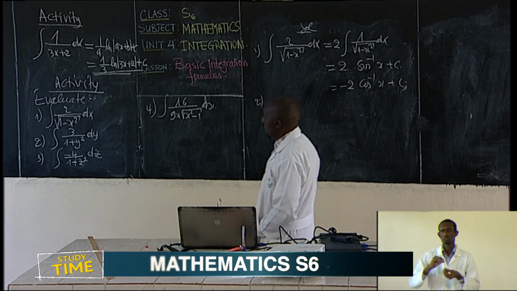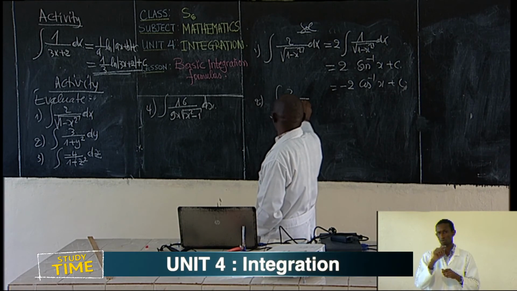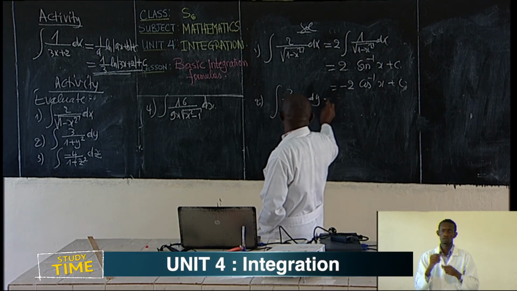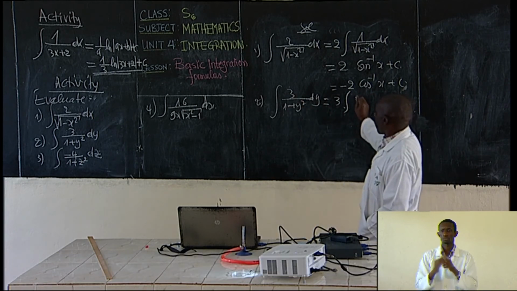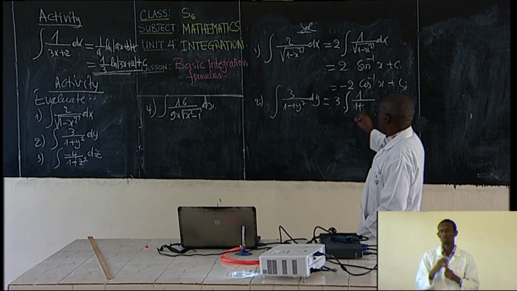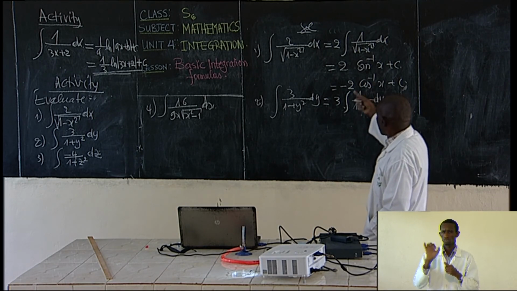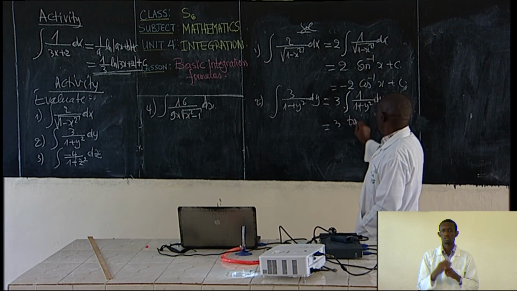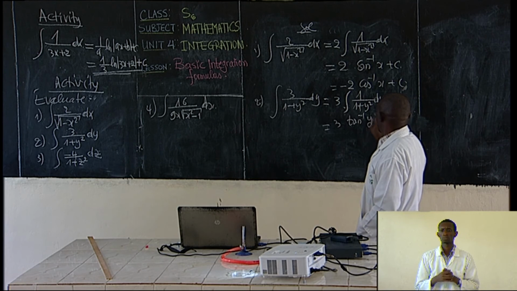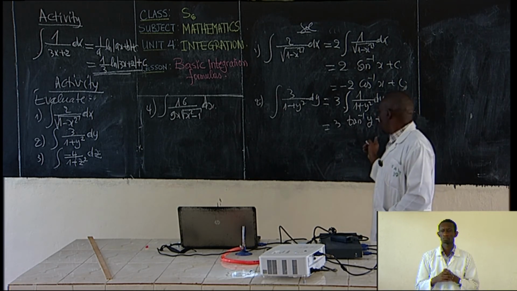Number 2, you have integral 3 over 1 plus y squared dy. So this is 3, the constant, times the integral of 1 divided by 1 plus y squared dy. This is arctangent, which means you have 3 tan inverse of y, then plus c, or minus cotan inverse of y plus c.